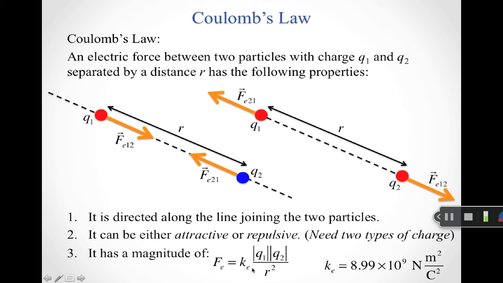They will often write the sub e to make sure we don't confuse it with the spring constant. And Coulomb's constant is basically 9 times 10 to the 9th newton meters squared per coulomb squared. So again, one thing here is, A, this constant is really, really large. This is basically 9 billion.